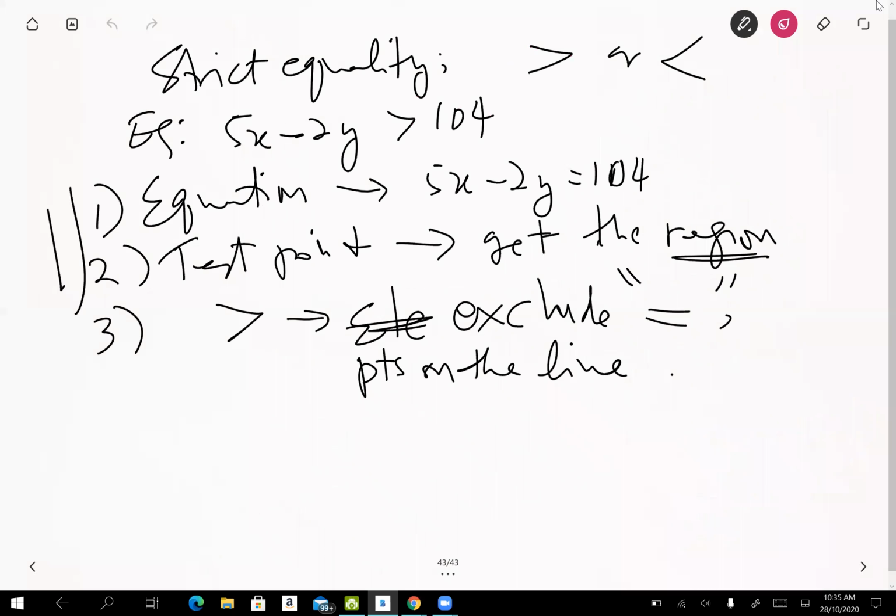So it's bigger than, and that is also true for less than.